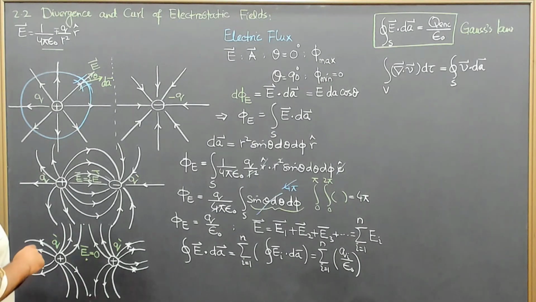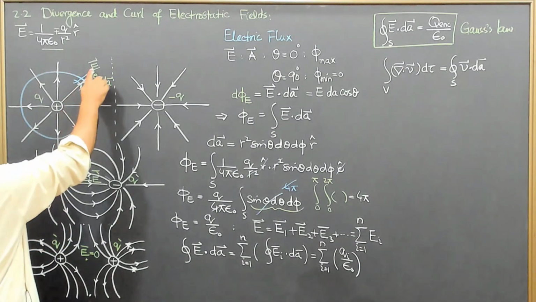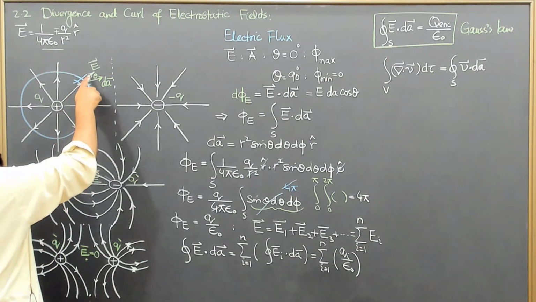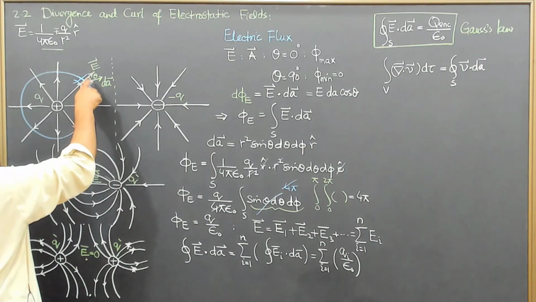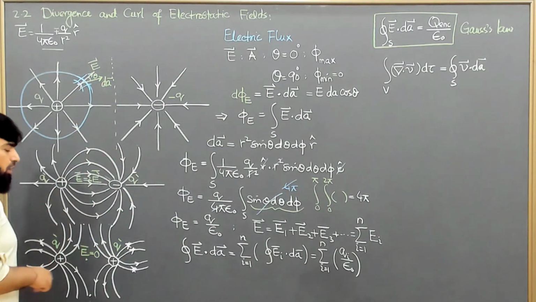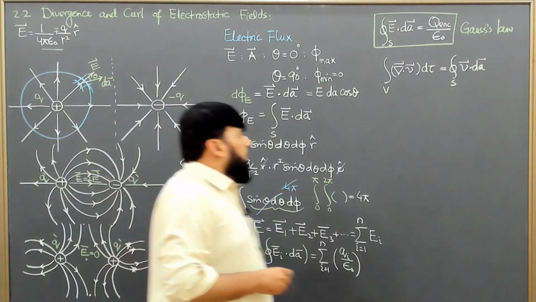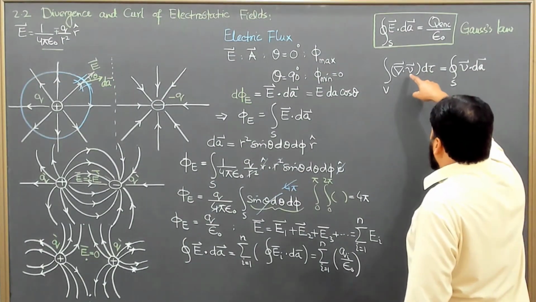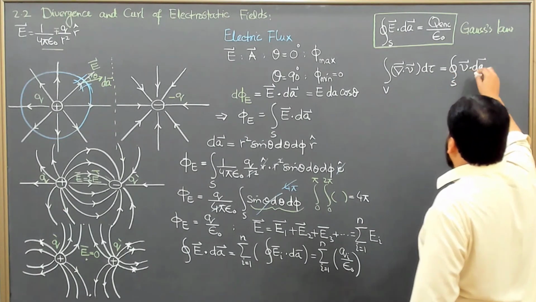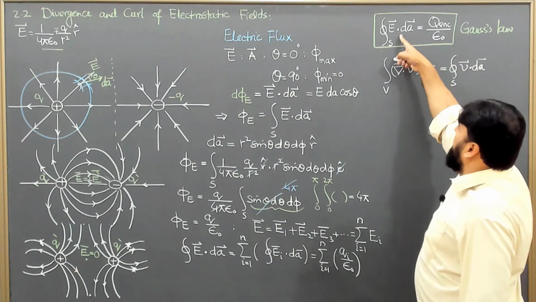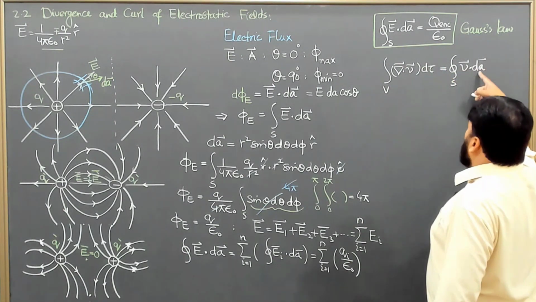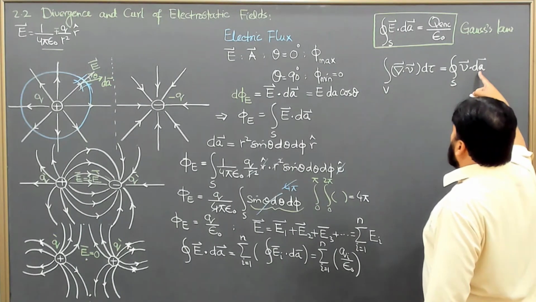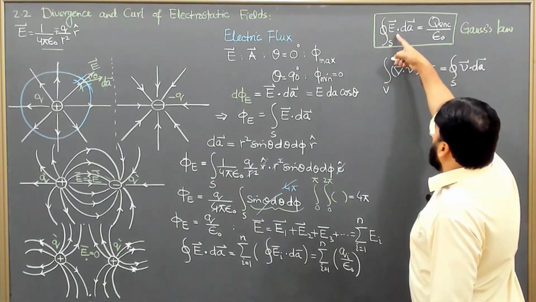On the surface side, we consider the vector itself and take its dot product with the area element, which we call the flux. So looking at this, this is V dot dA, and this is equal to E dot dA.